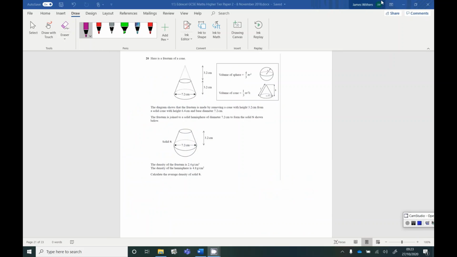Question 20. So we've got a lot to do here. So let's start off by working out the volume if it was a complete cone without the top bit cut off. So the volume of the whole cone, okay, so we can see that the volume of a cone is the third pi r squared h.